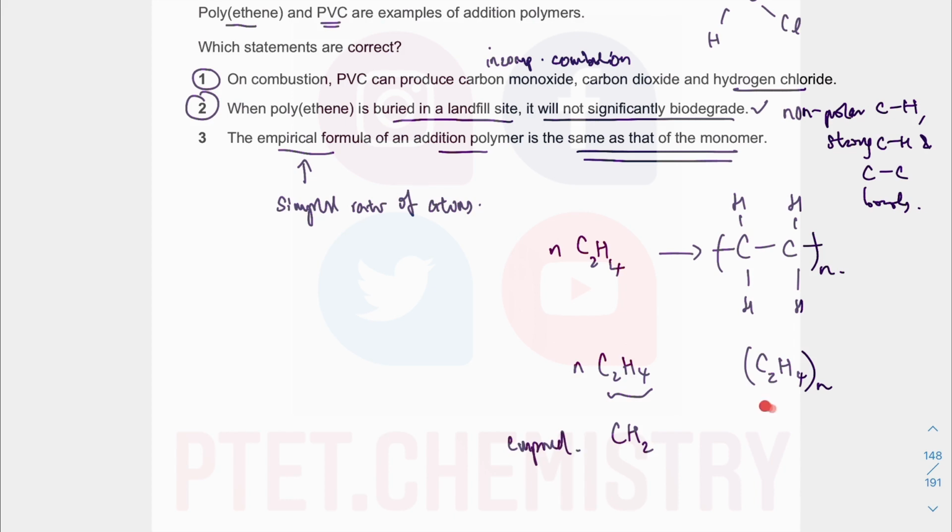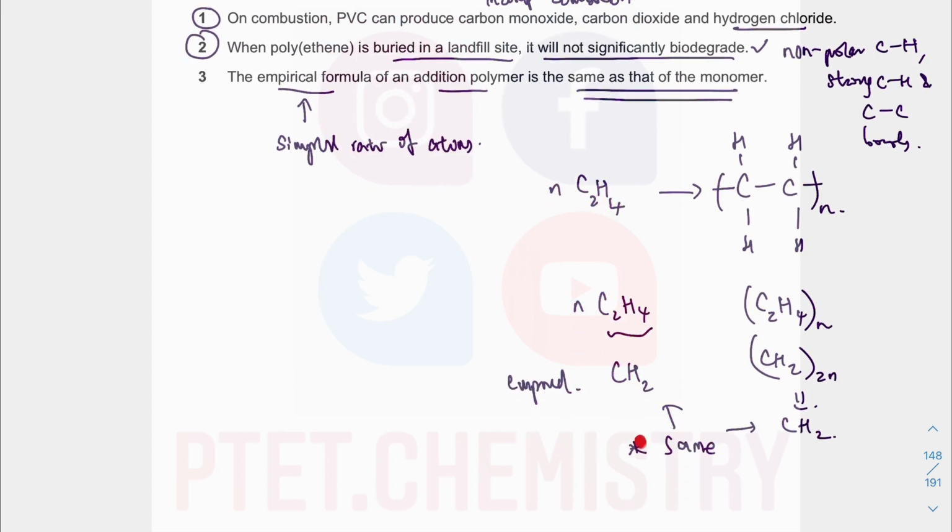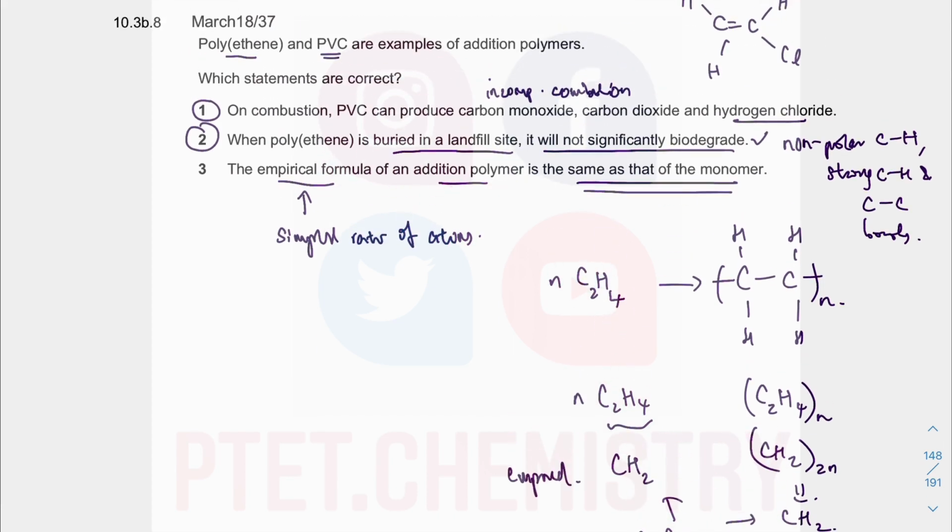If I think about the simplest ratio, both have n, so you can cancel out the n. They also have 2, so you can simplify them, and therefore the empirical formula is just CH2. They are the same, and this is something you will have known when you compared addition polymerization versus condensation polymerization from your GCSE or O-level, because comparing addition versus condensation polymers is something you have done from that level.